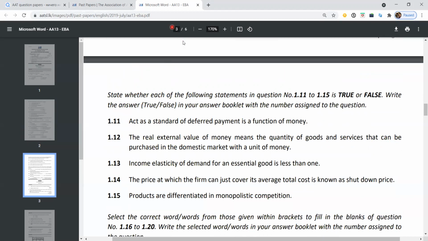So we are supposed to put whether true or false. Income elasticity of demand for an essential good is less than 1. That is correct. For essential goods, income elasticity of demand is less than 1, in other words, inelastic. Others, we can't do other questions.